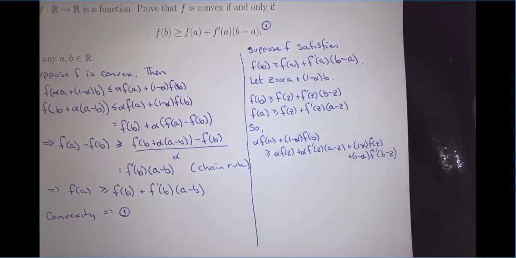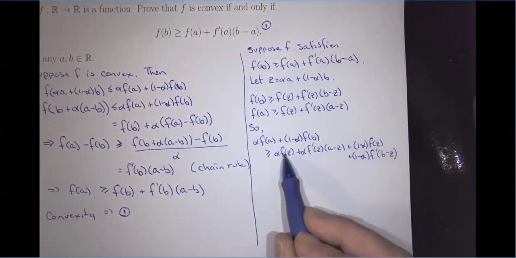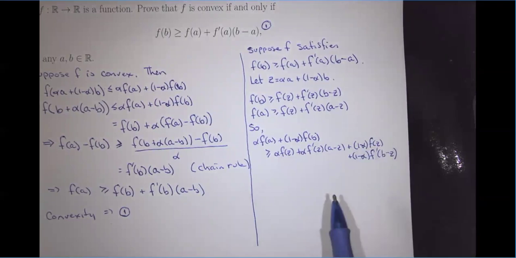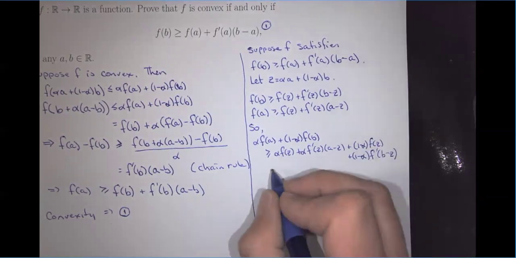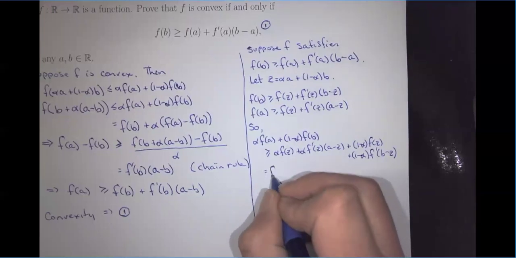All right. Now, if we combine some of these things, we've got alpha f of z plus 1 minus alpha f of z, which gives us just an f of z. So this is equal to f of z.